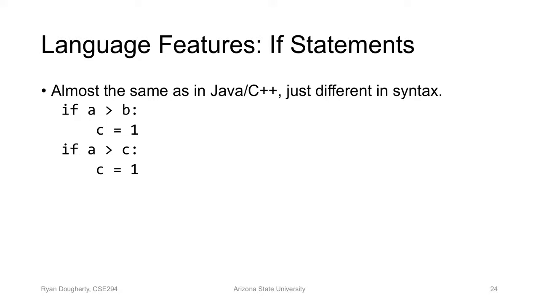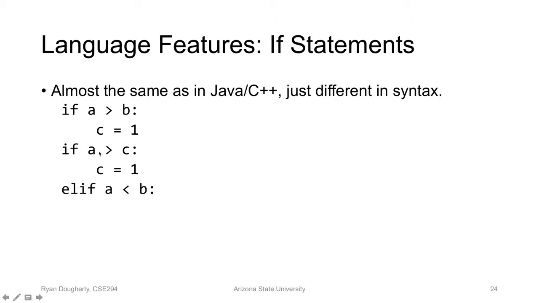I talked about if and else. Do we have an else if? So what's the name of that in Python? Yeah, elif. So elif represents else if. So here it's exactly the same thing as in Java and C++.